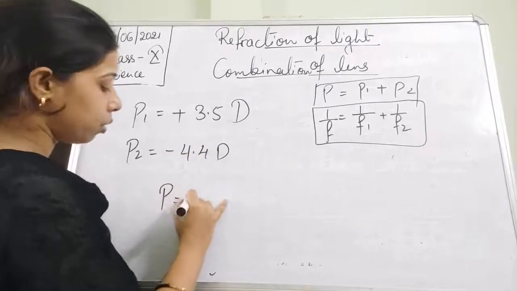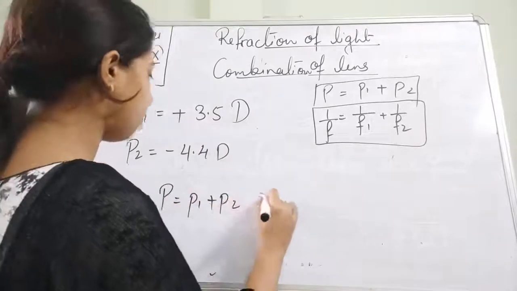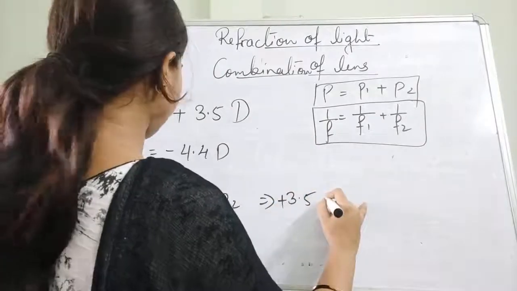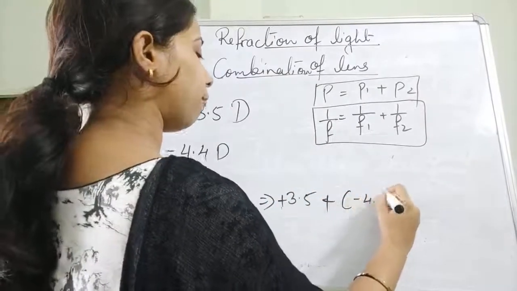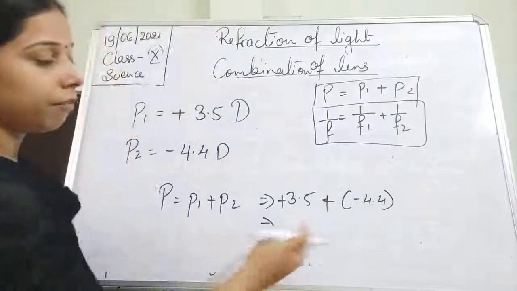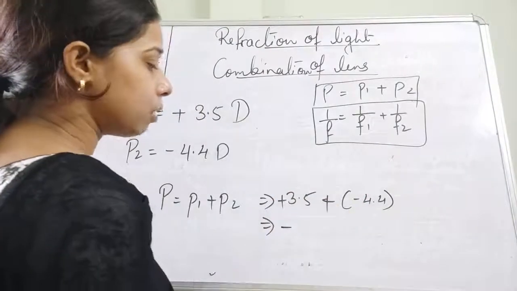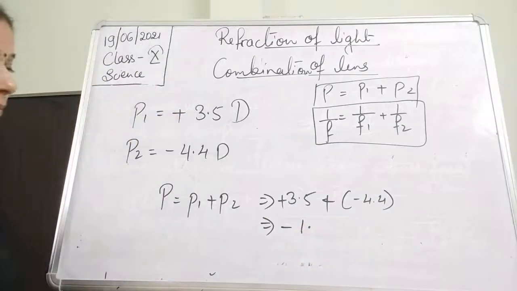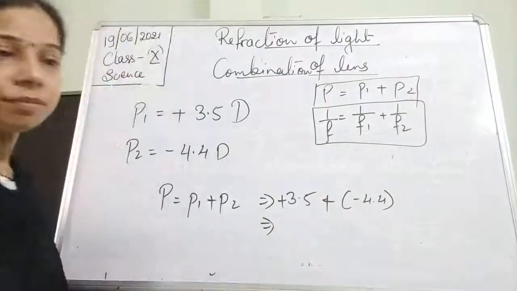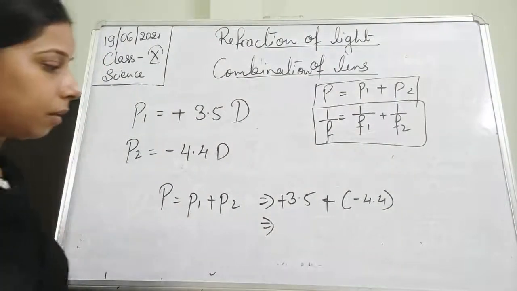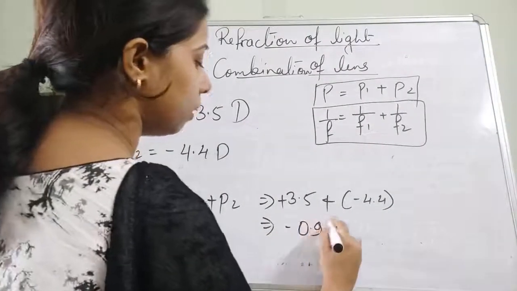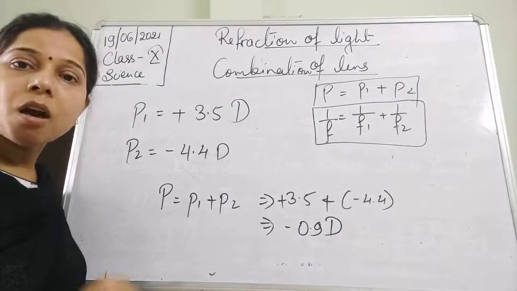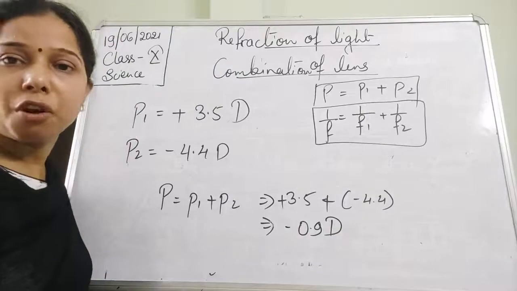P will be equal to P1 plus P2, and this will be equal to 3.5 plus minus 4.4, and finally we will subtract, the answer will come in minus, so it will be minus 0.9 diopter. So this is how we will find the value of the combination of lenses.